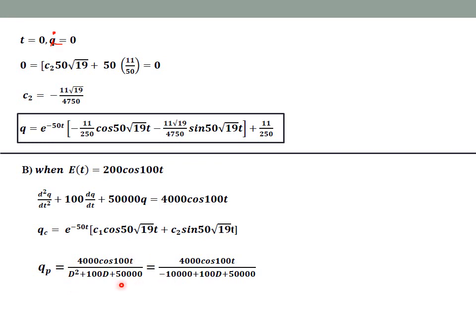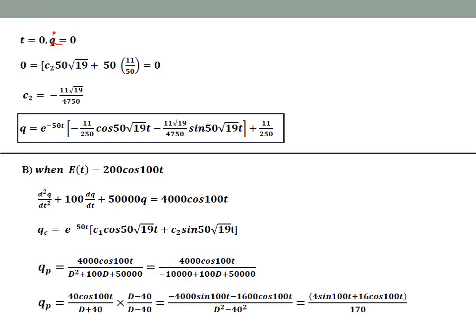Now how to find out QP? What is my procedure? If cos ax or sin ax is there, we have to replace d square by minus a square, remember. The value of a is 100 here, so a square is 10,000. So I have replaced d square by minus 10,000, and plus 100d plus the remaining terms I have kept as they are, correct?